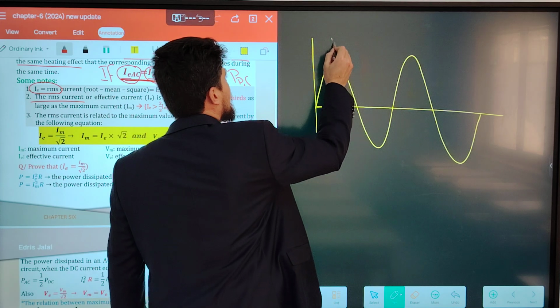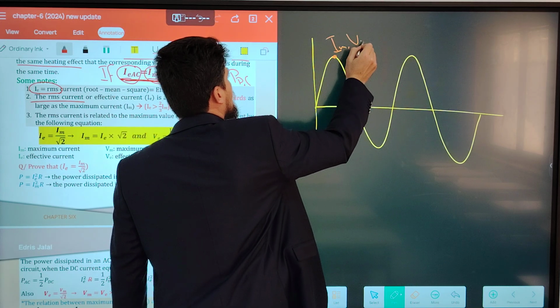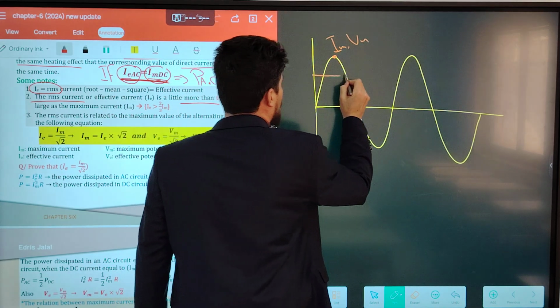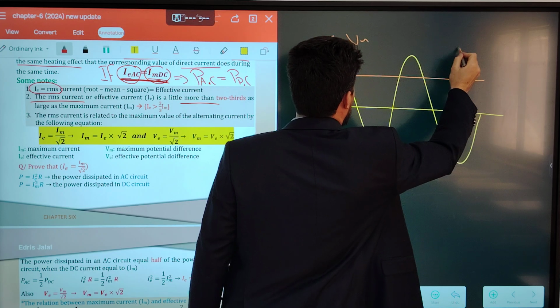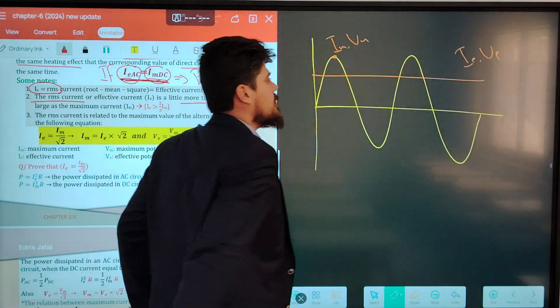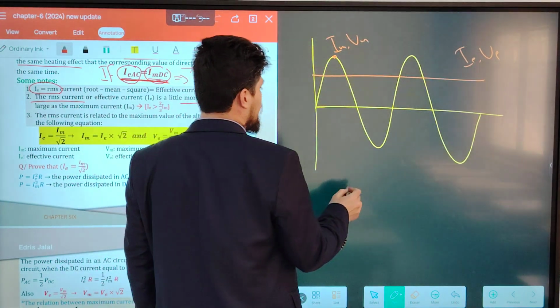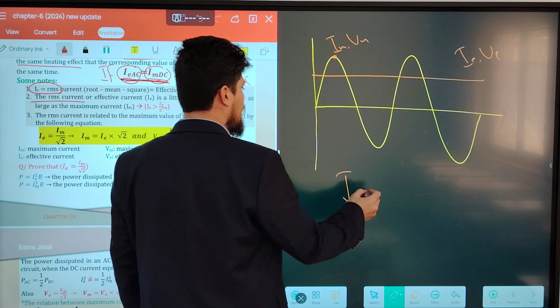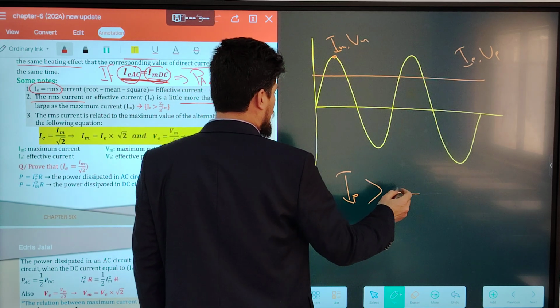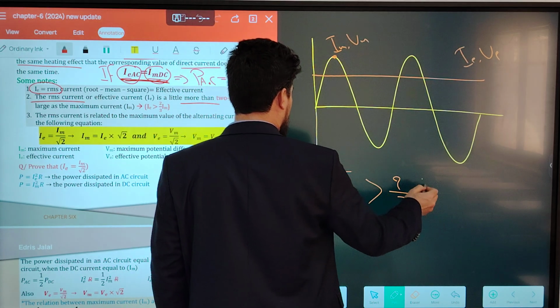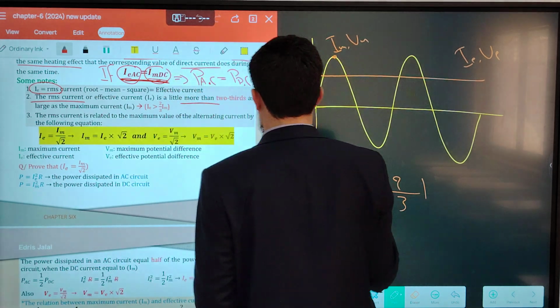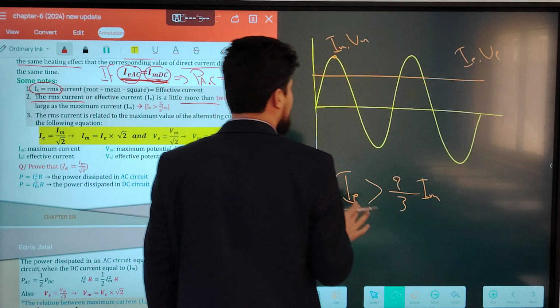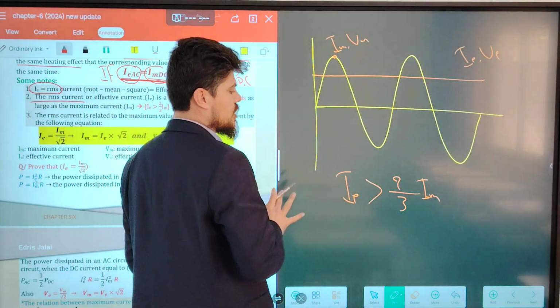The peak point is the maximum value, Im or Vm. But here is what? This is IE or VE. IE, guys, is a little bit more than 2/3 of Im. Okay? Not exactly the same, a little more than 2/3 of Im.